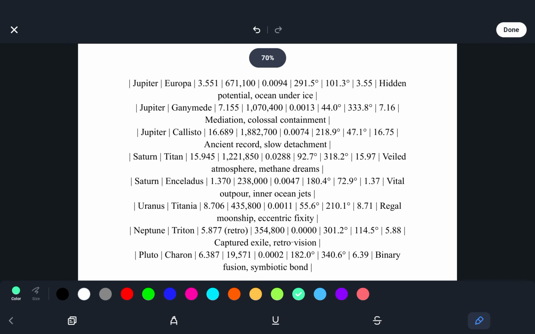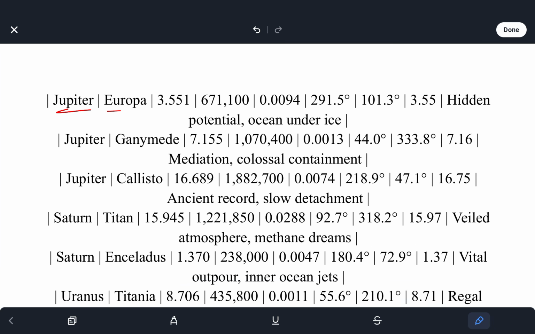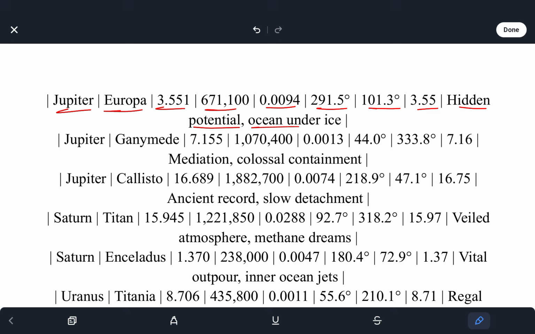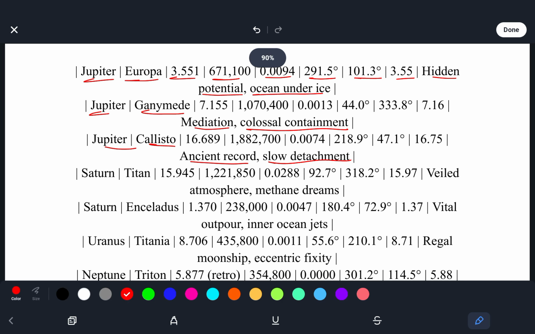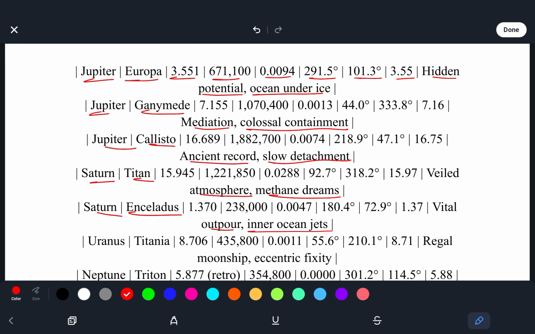And then moving on all the way down, we see Jupiter and Europa in the data. Ultimately, hidden potential, ocean under ice. Jupiter, Ganymede, mediation, colossal containment. Jupiter, Callisto, ancient record, slow detachment. Saturn, Titan, atmosphere, methane, dreams. Saturn, Enceladus, outpour, inner ocean jets. Vital, veiled.